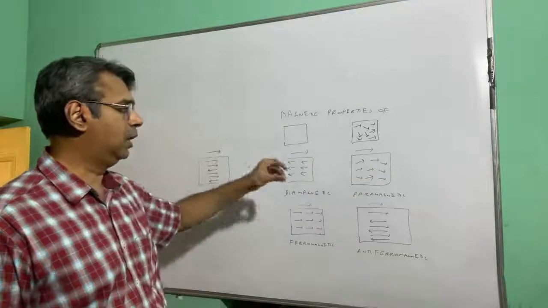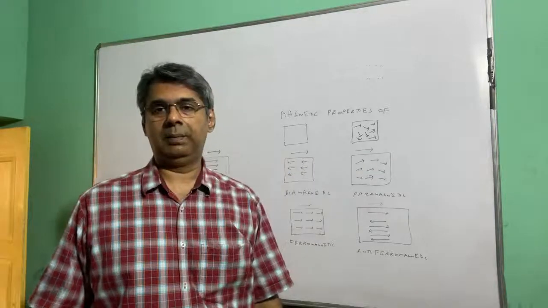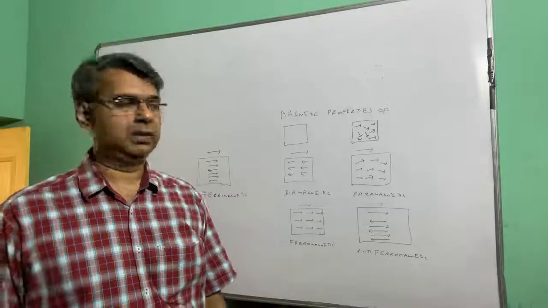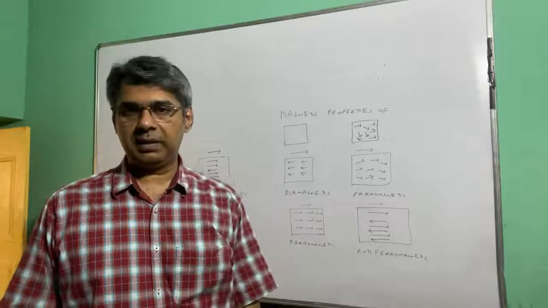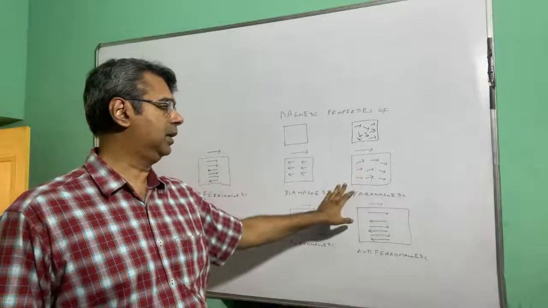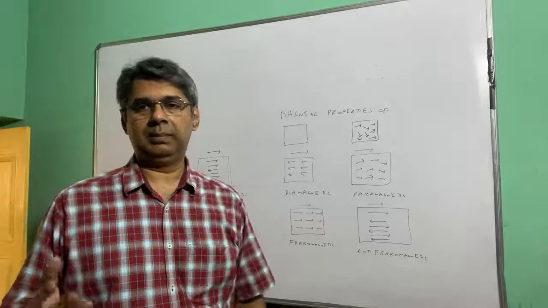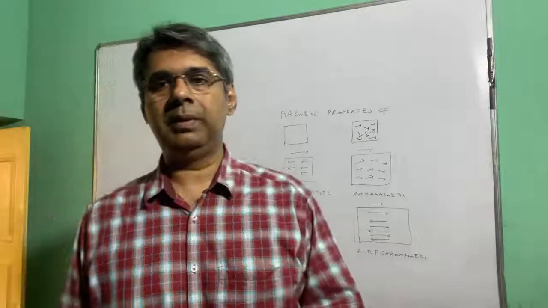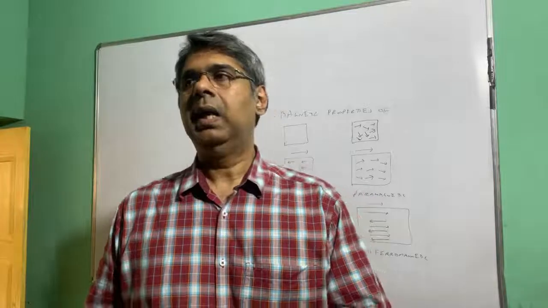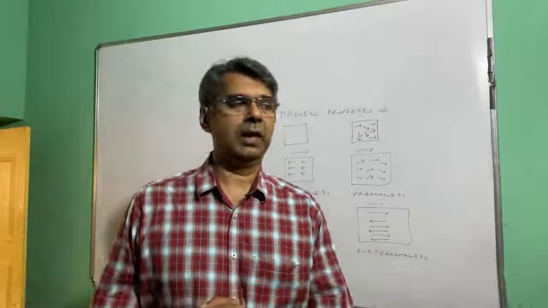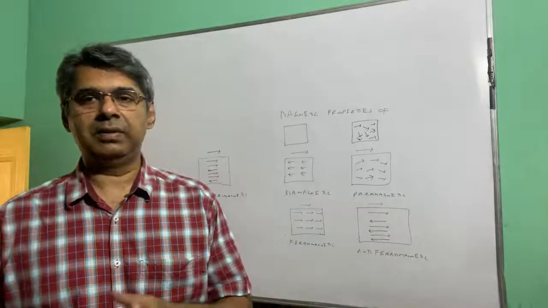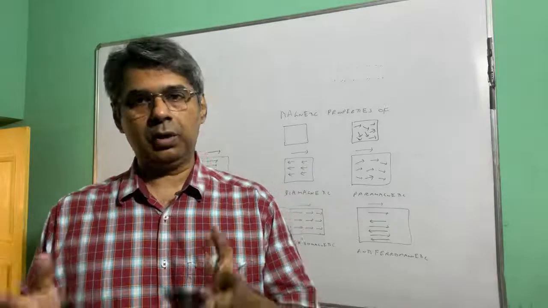Now suppose externally you apply a magnetic field to this particular material. A magnetic dipole is basically a combination of a north pole and a south pole. The best example of a magnetic dipole is a bar magnet. Another very good example is a compass needle.